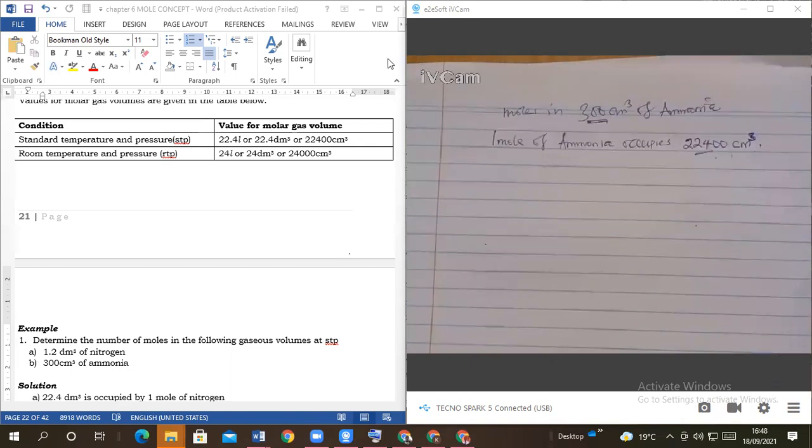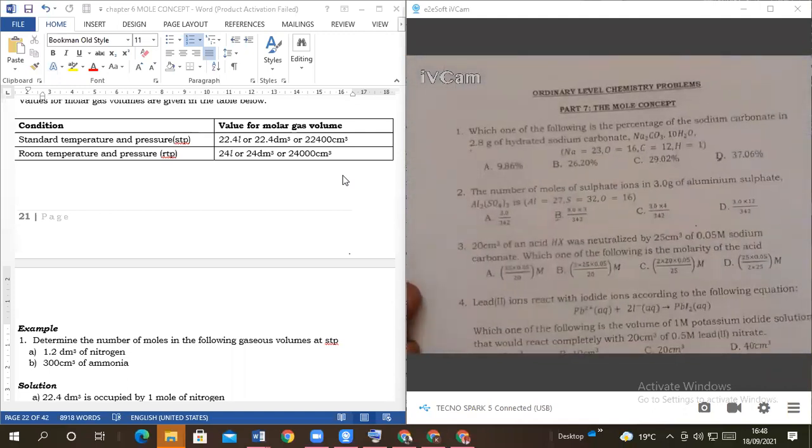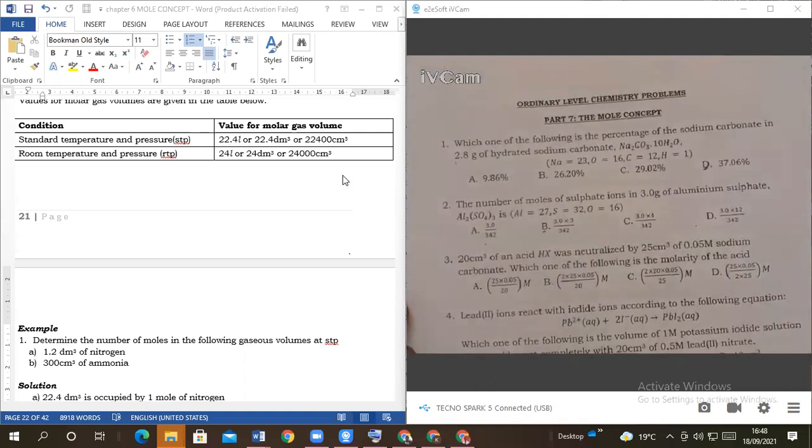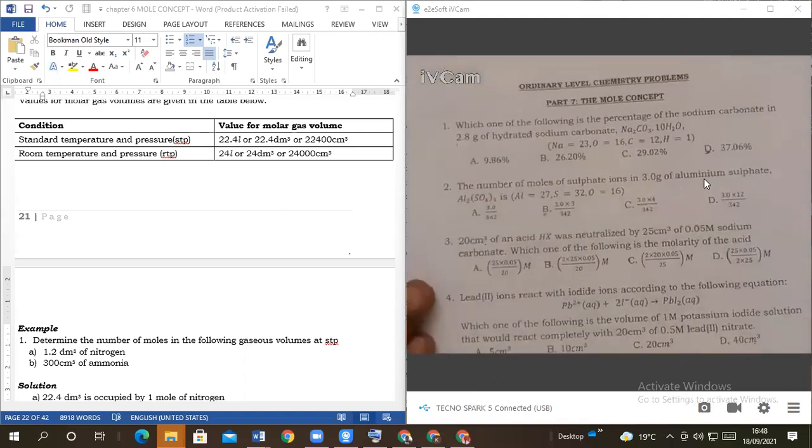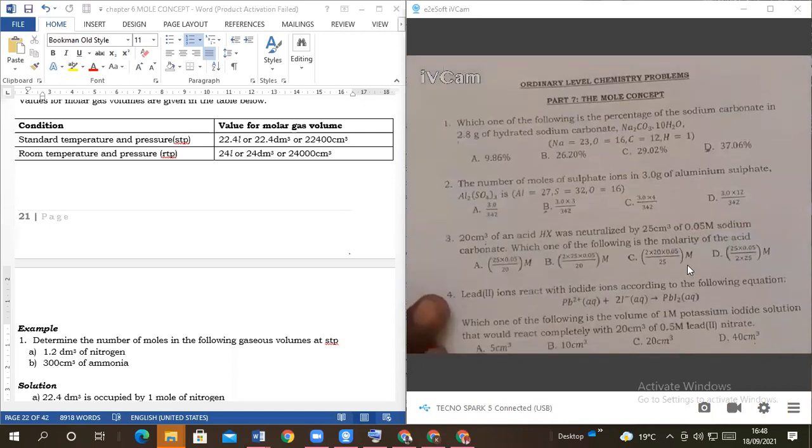Okay, so where we have reached as far as now is concerned, at least now we can start up with this paper of the other 200 questions. Number 1 is there: the percentage and the number of moles of sulfate in aluminum sulfate.